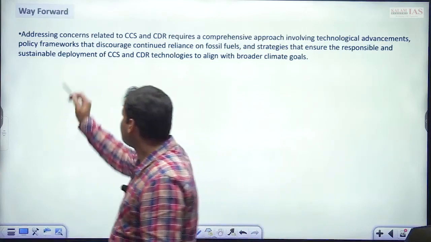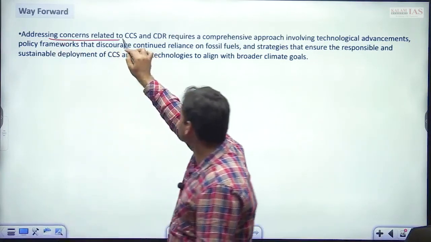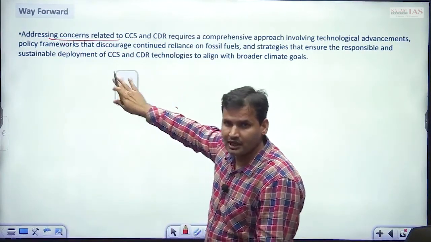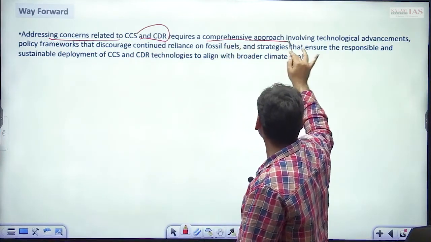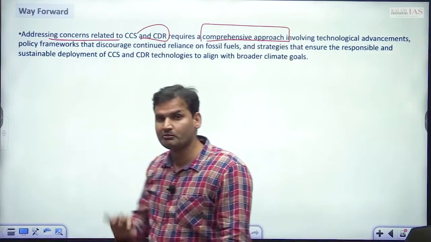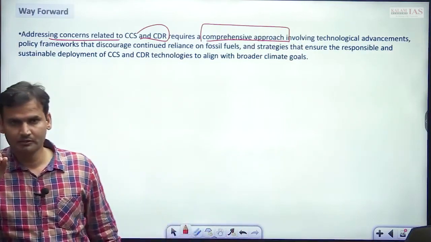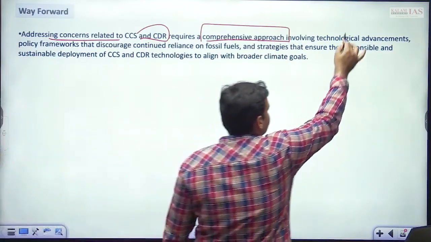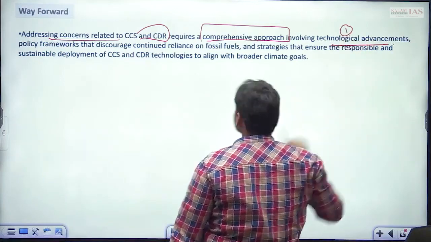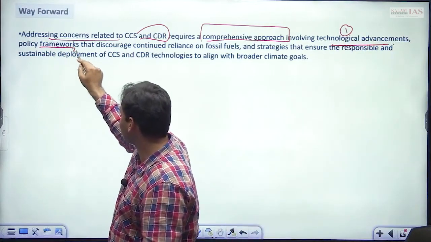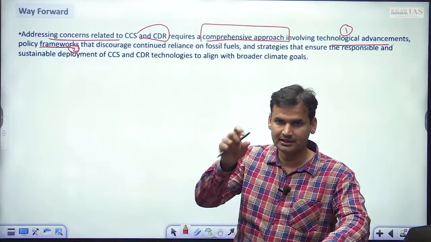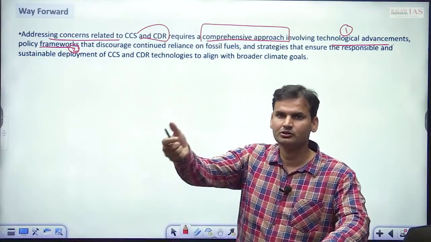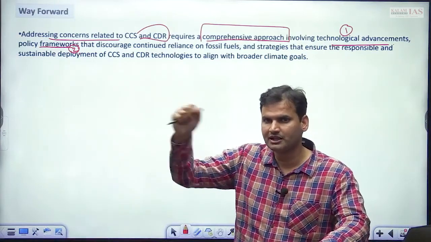For example, addressing concerns relating to carbon capture, storage and carbon dioxide removal requires a comprehensive approach. Now, what do you mean by comprehensive approach? It would involve technological advancements, policy frameworks, very important. In India also, Niti Aayog has created a framework for CCUS, that is carbon capture, storage and utilization.